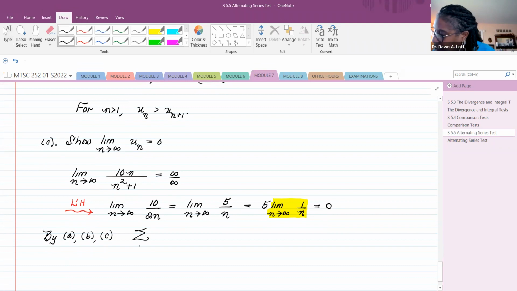Now we can conclude by A, B, and C that the summation n equals 1 to infinity of, I'm trying to remember what it is, oh, there's an alternating part, minus 1 to the n plus 1 times 10n over n squared plus 1 converges by the alternating series test.